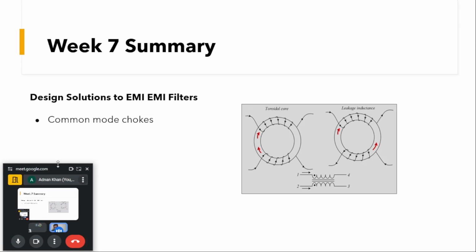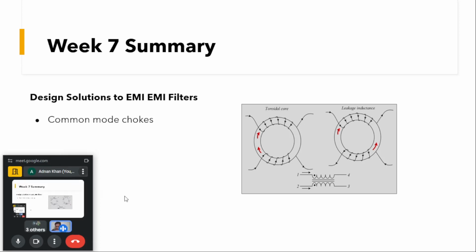Now, what we had seen is there will be a common mode current or voltage, and a differential mode. In the differential mode, the direction of the current through these two wires will be opposite, and because of that, as you can see on the right hand side, the flux that is generated is in the opposite direction, and they tend to cancel one another.